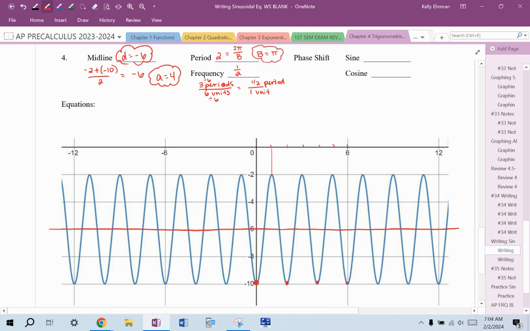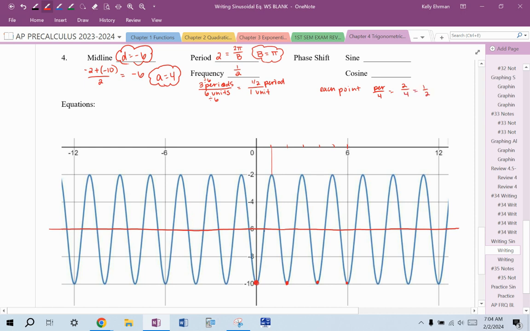And take note that anytime the axis doesn't have pi's on it, your B value will have to have a pi in it to get the pi to cancel out. And then what about phase shift? So now that we have the period, we can say each point, each tick, whatever, each point is the period divided by 4. So 2 divided by 4.